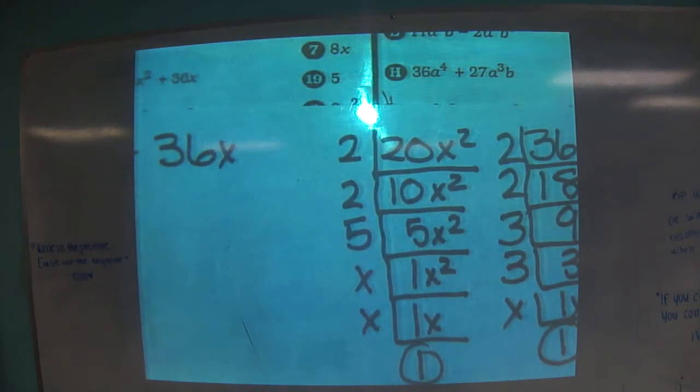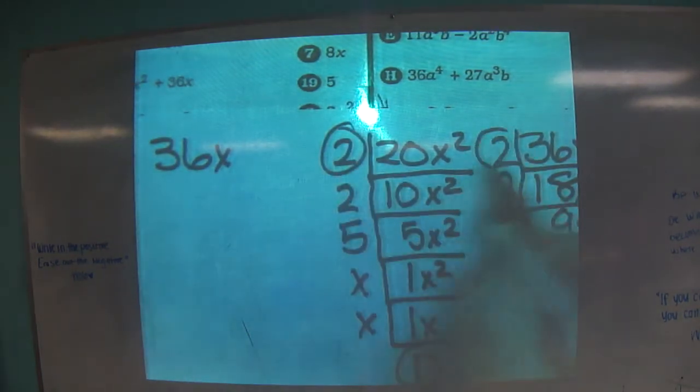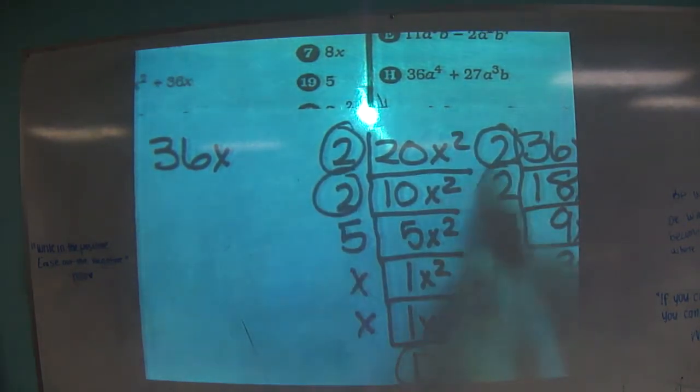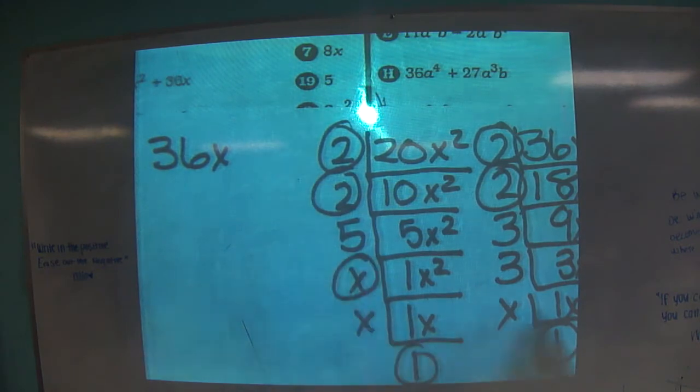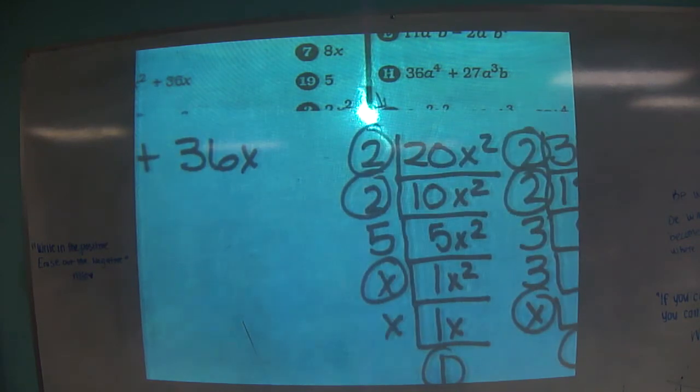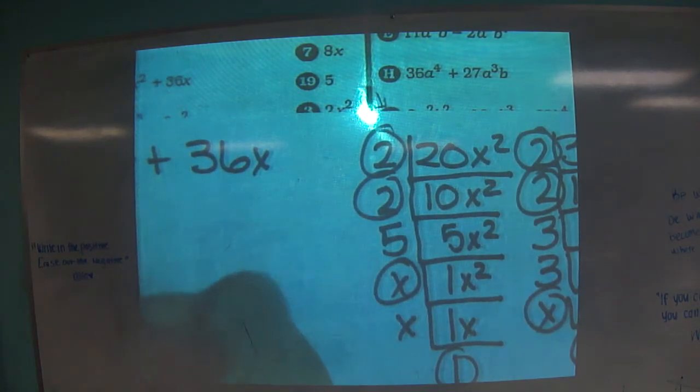A couple ways you can do it. I showed you one way. Here's another one. I have 2 in common, I have 2 in common, and I have an x in common. Okay? So 2 times 2 is 4 and x. So our greatest common factor is 4x.